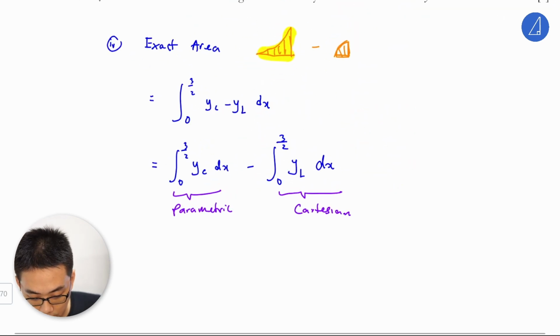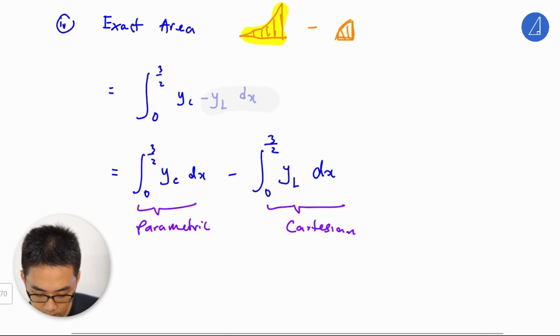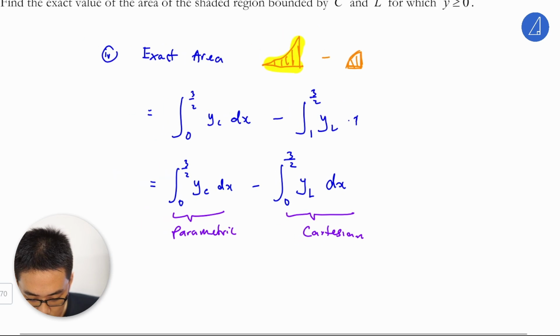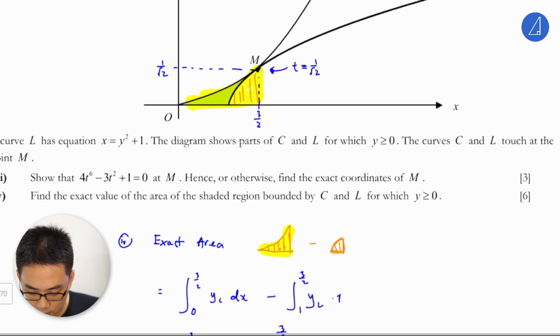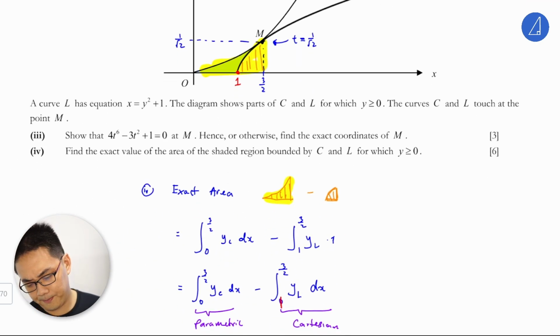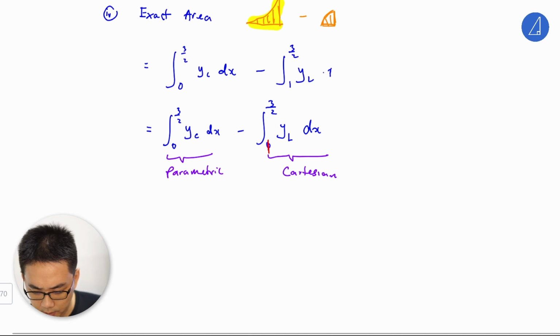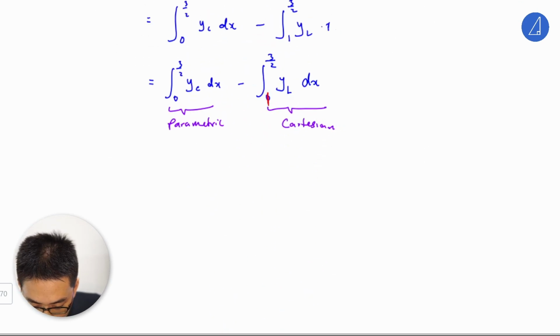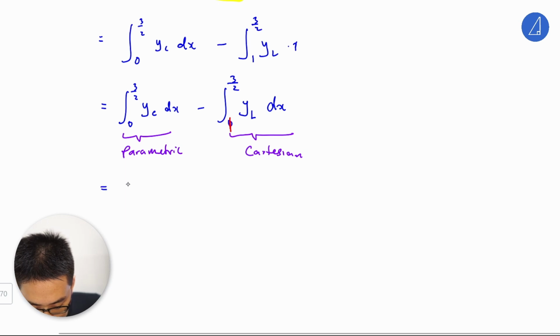Oh yes, sorry, thank you. My bad. It's 1 to 3 over 2, and then this is yL dx. Just be mindful. It's not 0 because this part here is 1. So yC is what? yC is 2t cubed. So just change it to parametric form.